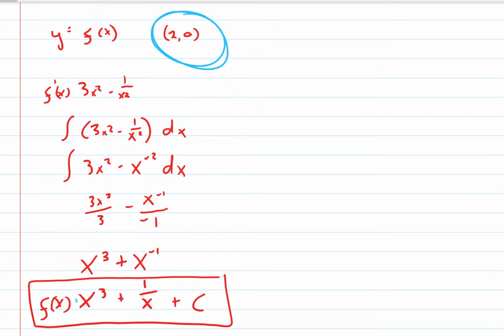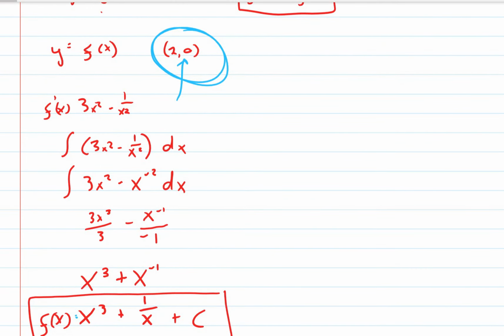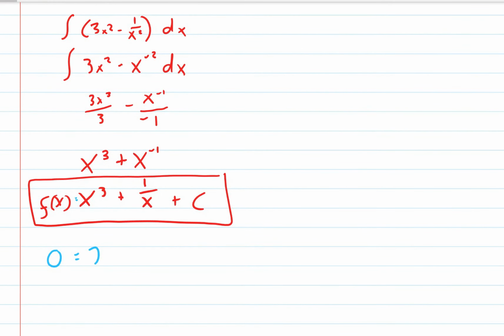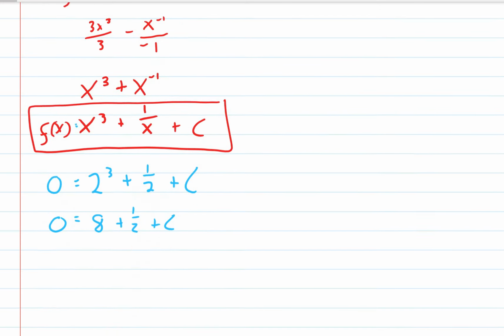I'll put the 0 in the f(x) bit, and 2 goes in for x, so 0 equals 2 cubed plus 1 over 2 plus c. That's 0 equals 2 cubed is 8, plus a half, plus c.